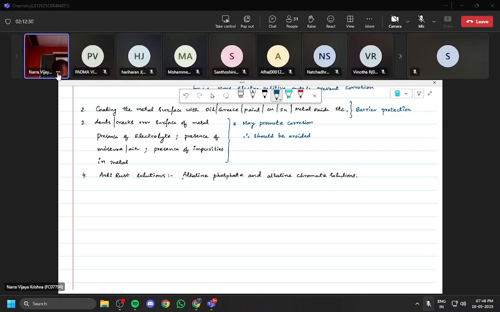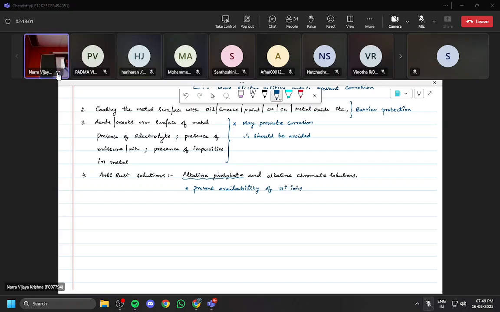Why? When you are providing an alkaline basic medium, then what happens? Generally, acids will enhance the rate of corrosion. Bases will remove that acidic H+. If they remove that acidic H+, corrosion slows down. Right? So they prevent availability of H+ ions.